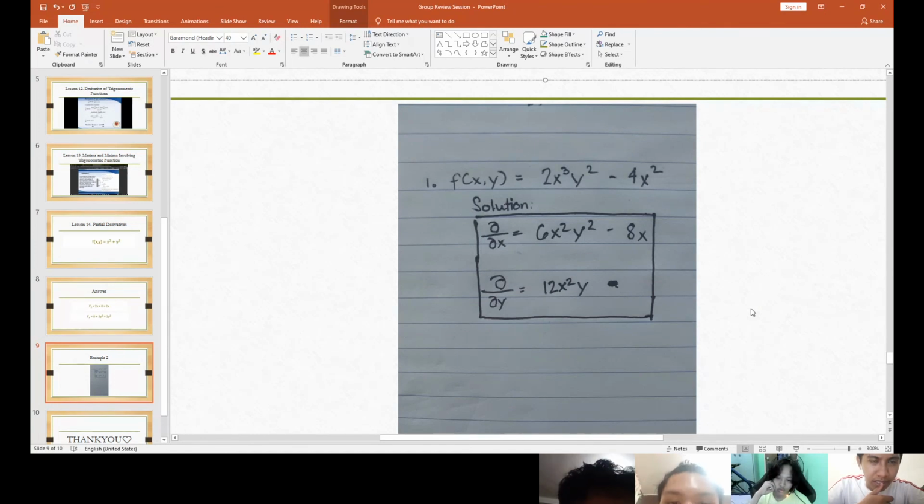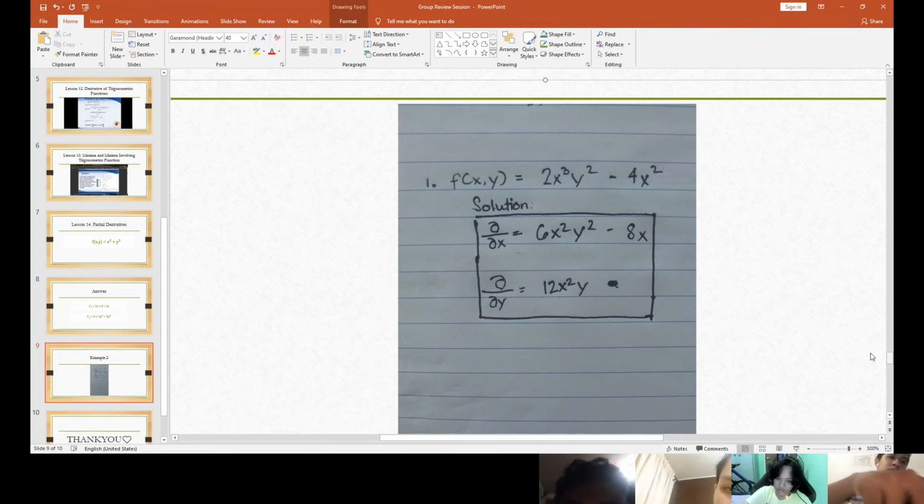Tapos, ang magiging sagot niyan, yung sa x, 6x squared y squared minus 8x. Tapos, so, ay 12x squared y. Kasi, sinabi nga natin kanina, constant yung x. Kaya, hindi na natin papansinin yung x dito.